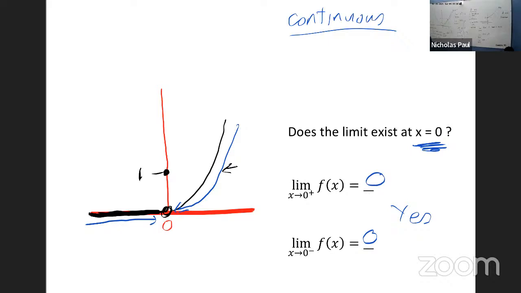Go back to your rules. Did the first rule hold here? Does the limit exist? Yeah, we just proved it. So you have 2 more rules to check.